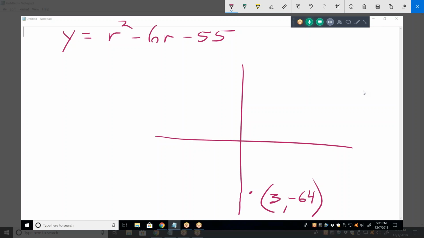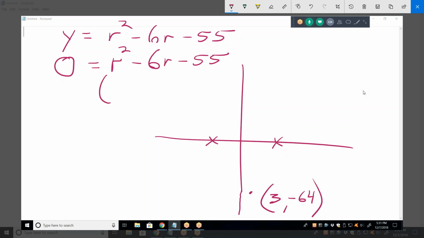In other words, I've got 2 intercepts, somewhere like there and there. What's the y value of both of those? 0. So we set y equal to 0 this time. We don't plug in anything. What we do is we solve this equation, and that will give us our 2 x-intercepts.